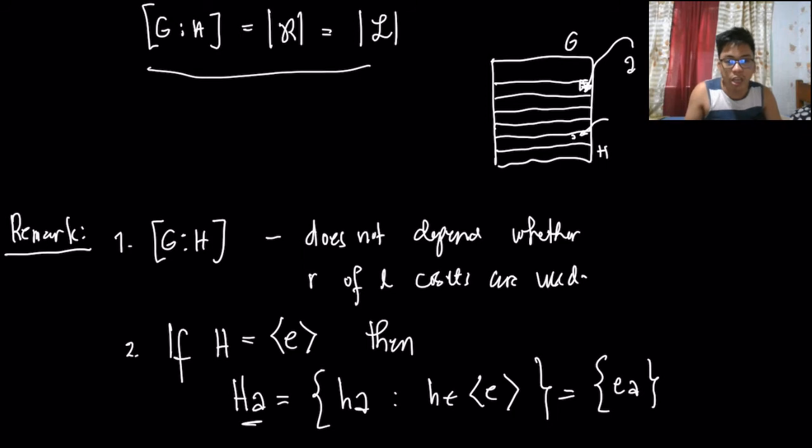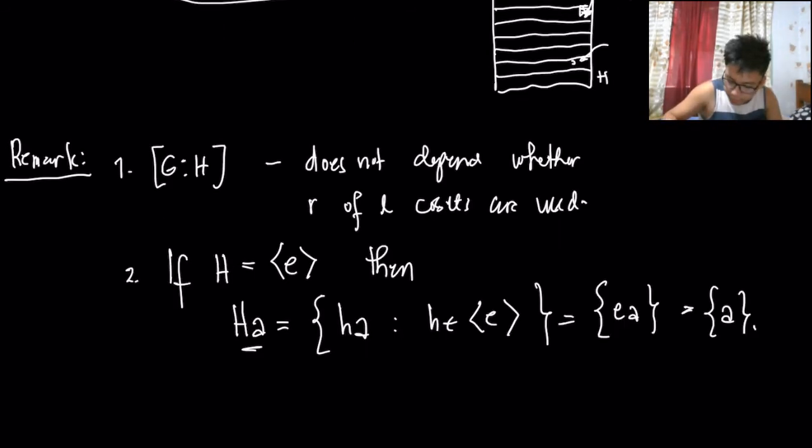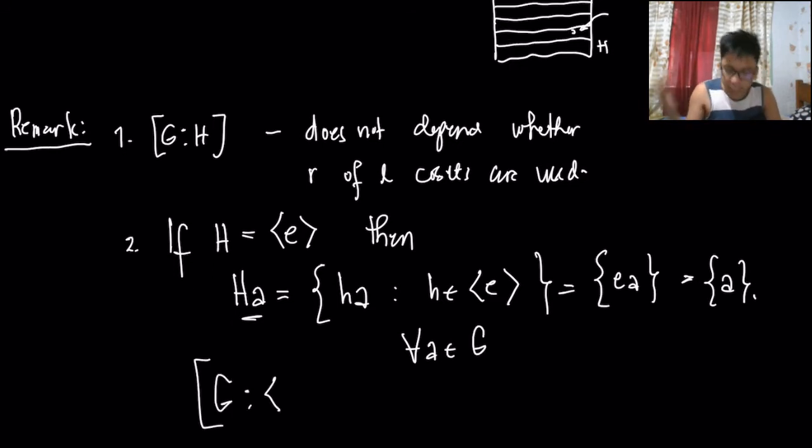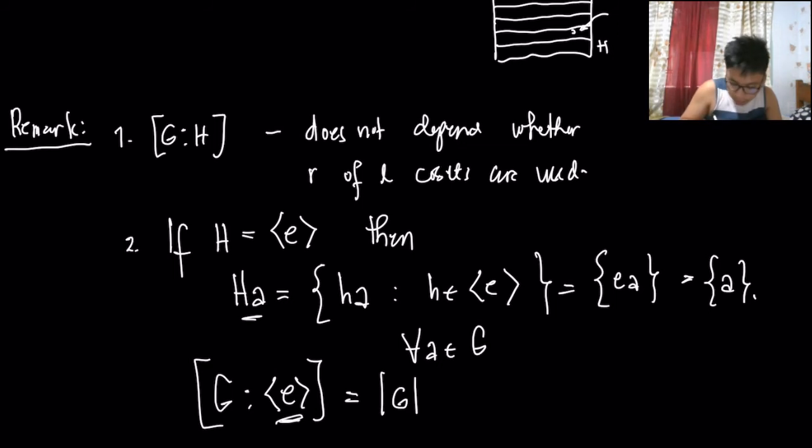Since the product of any element with the identity is the same as A, this will work for every A in G. So meaning to say, if we take the index of the subgroup generated by the identity in G, that's technically the cardinality of G, because again we're counting all the elements of G, in the sense that this is an identity.